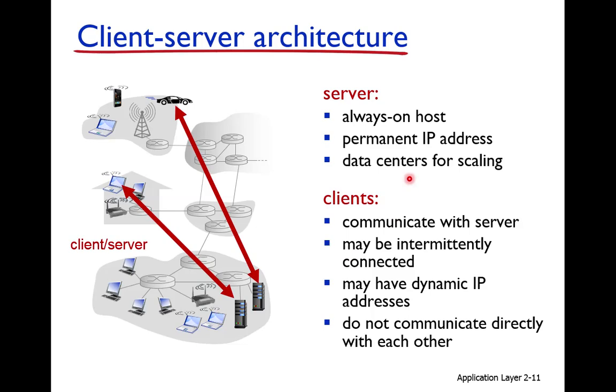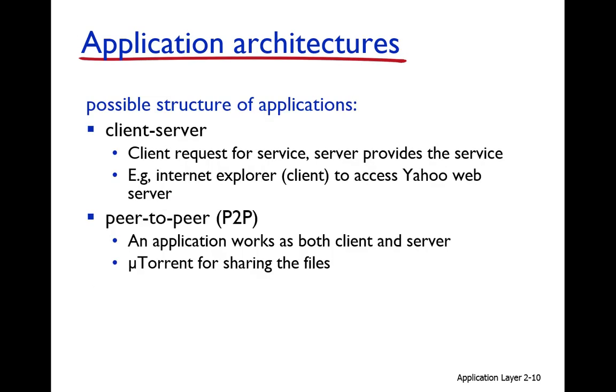The Gmail and Google servers are not running on one PC or one server, but on many servers, many machines in a data center, because it requires huge bandwidth and huge memory. So the application architecture can be client-server, where one application is a client that requests a service, and the other application provides the service, which is called the server.